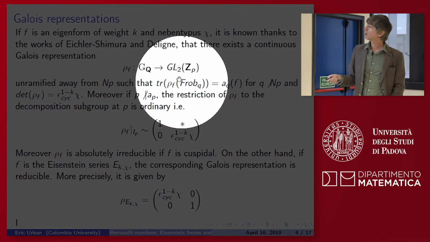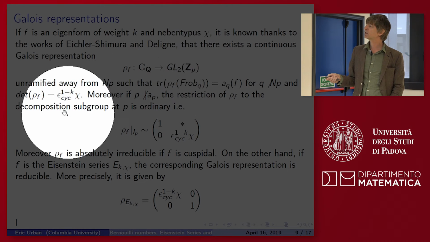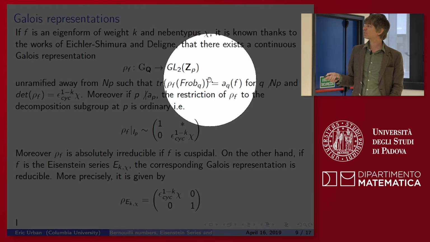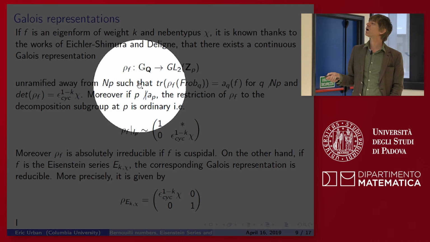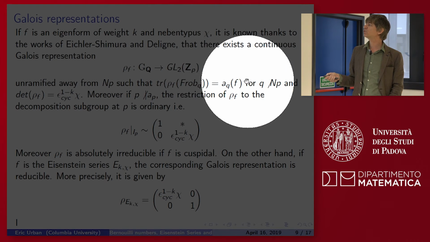So you have a Galois representation from G_Q into GL_2 of Z_p, satisfying the following condition. If you take the trace of Frobenius_q by this group morphism, you get a_q of f.